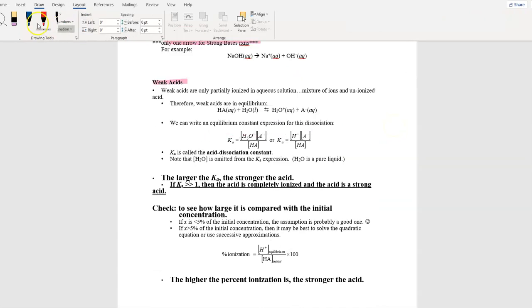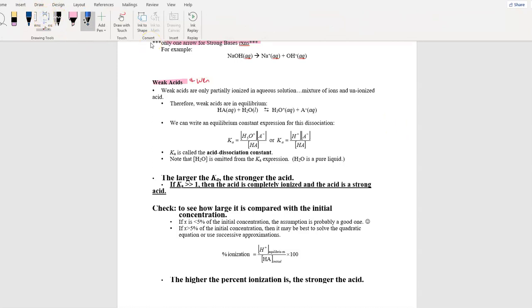So not only weak acids, but I can even say weak bases. This is only for the weak bases. Then this is when you want to add water to the balanced equation.